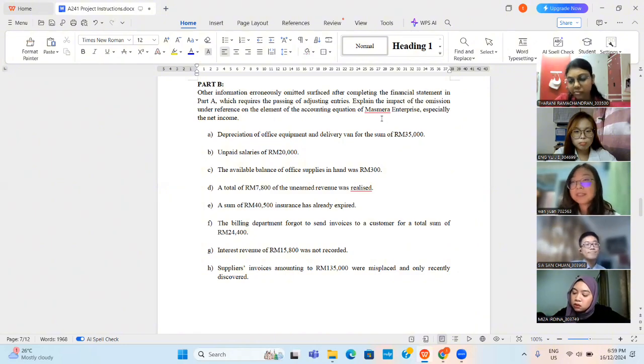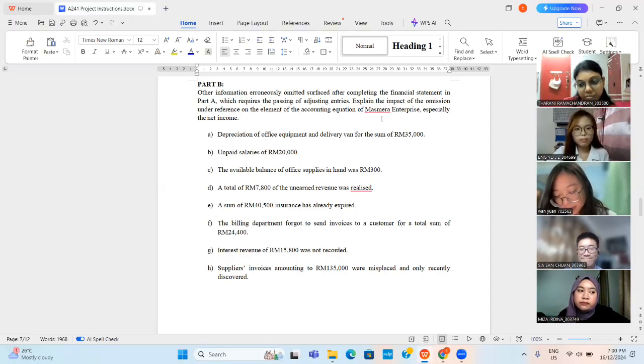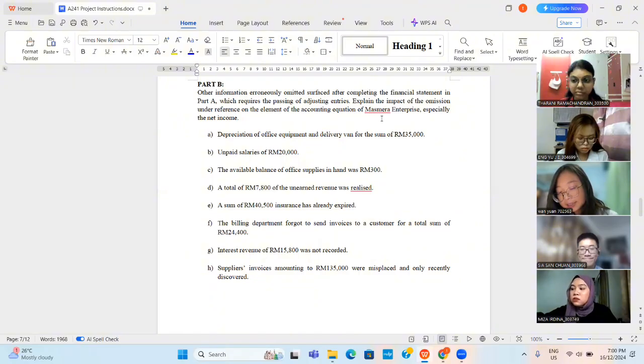For question B, unpaid salaries of RM 2,000. For the liabilities, it is increased because the salaries payable increases, and for the equity, it is decreased because expense reduces net income.